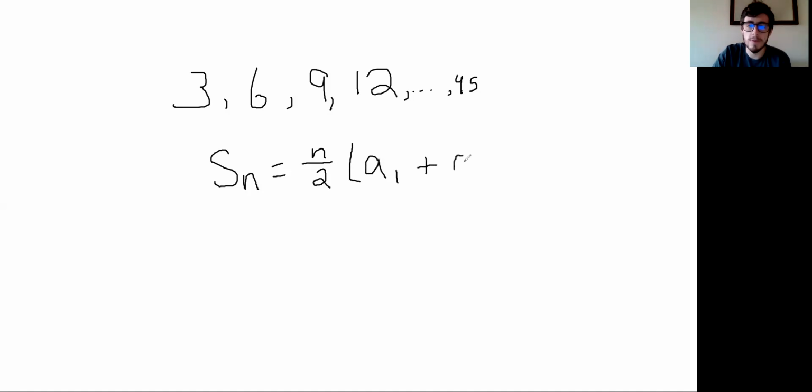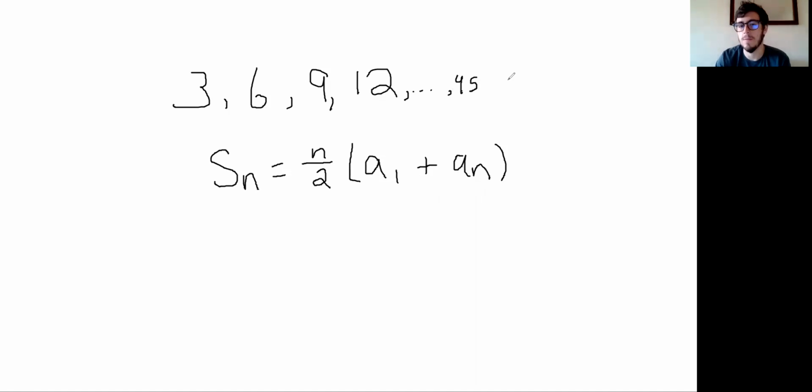And just a quick recap, all this is telling us is that in any arithmetic sequence, the first term and the last term add to some number, and that will be the same sum as the second term and the term previous to the last.